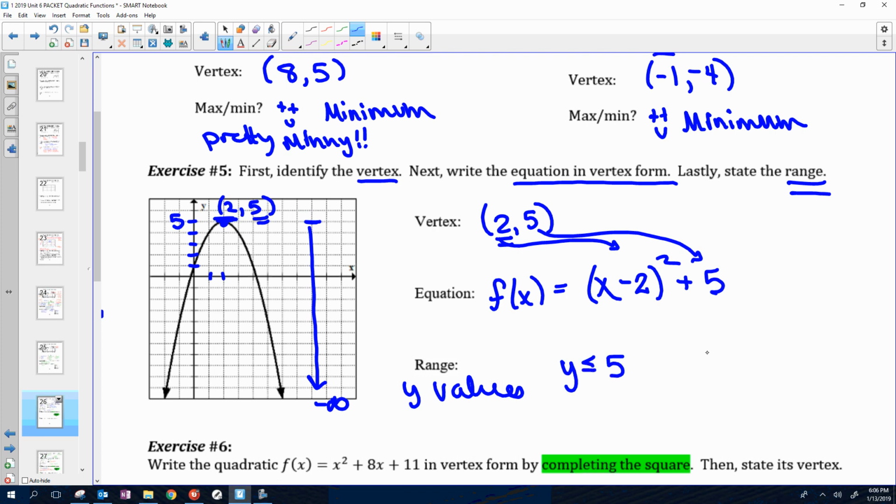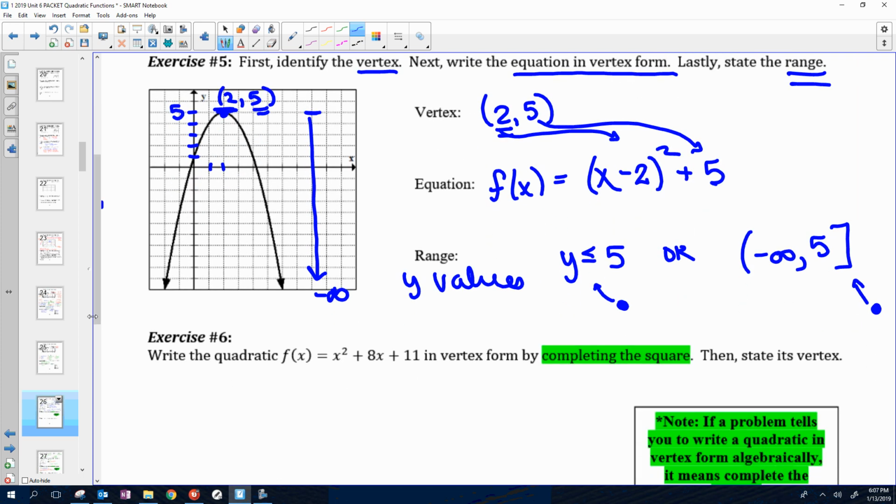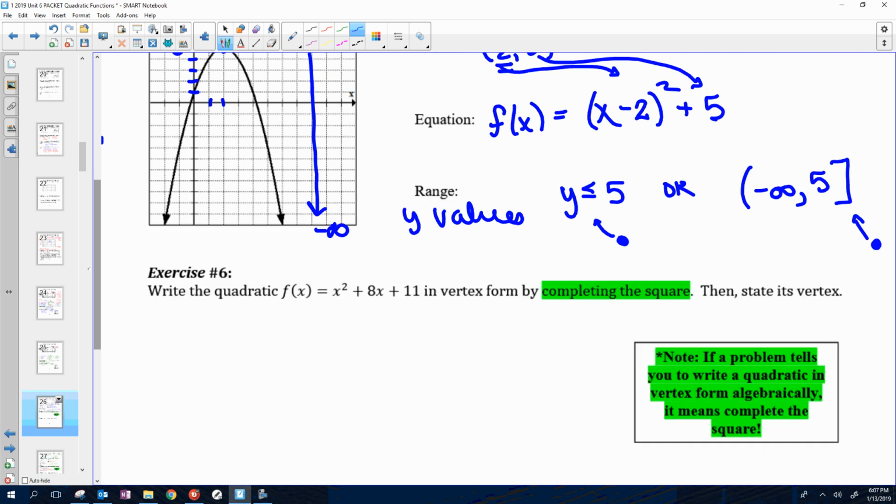If you write that in interval notation, that would start low at -infinity and go high to 5, and it goes all the way. Notice I included, closed circle, equal to sign, included, closed circle, bracket. That's the range.